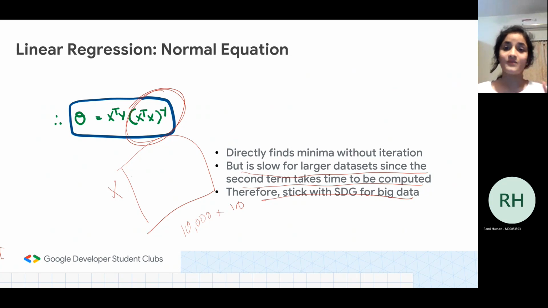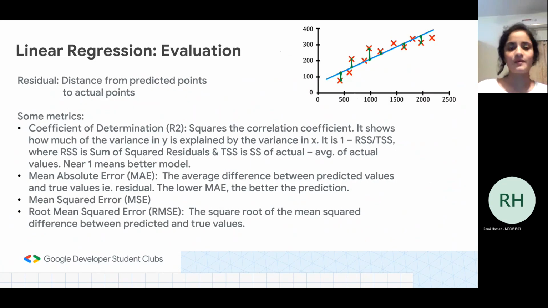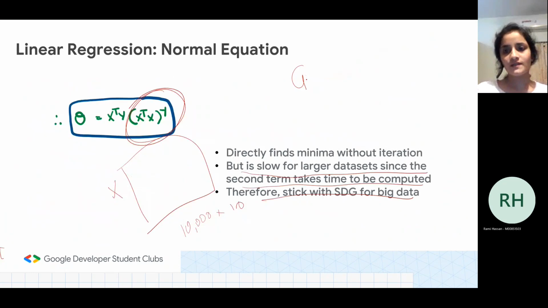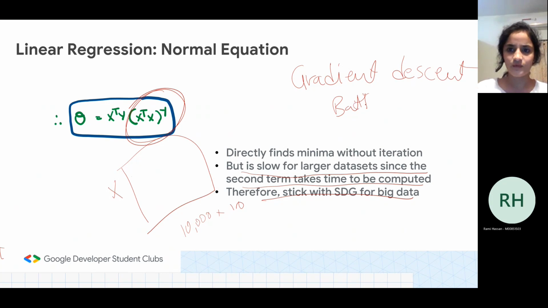Okay, so we're done with the math, literally. Let me just sum it up. You learned gradient descent. You learned two types: batch, which is the simple version, and then stochastic, and then you learned the normal equation.